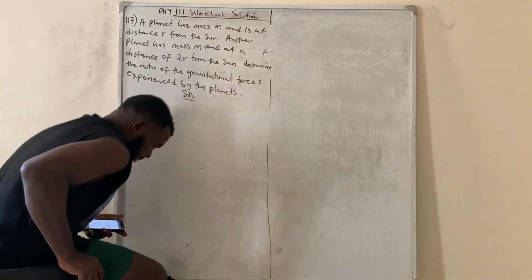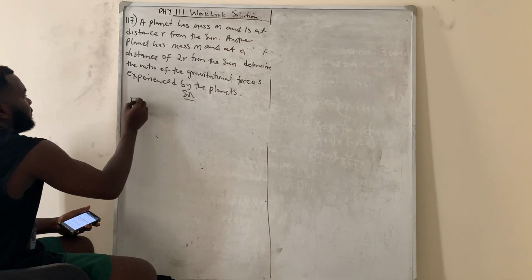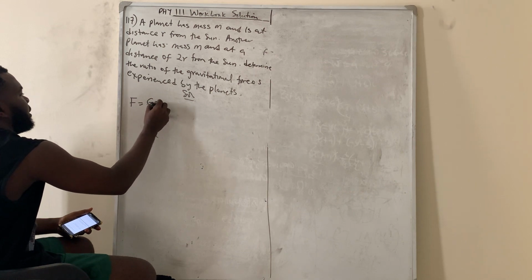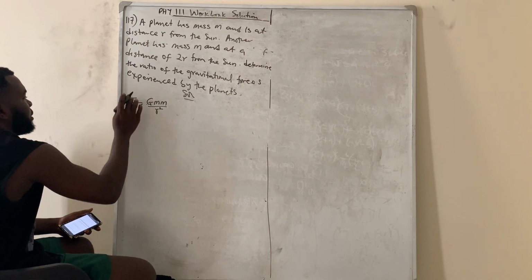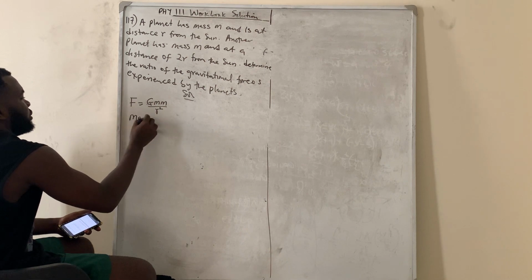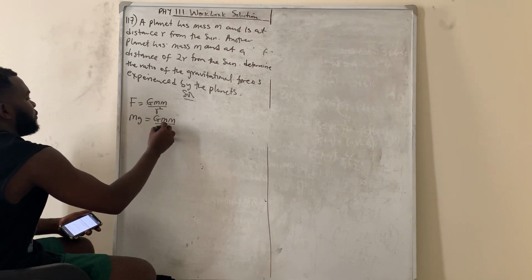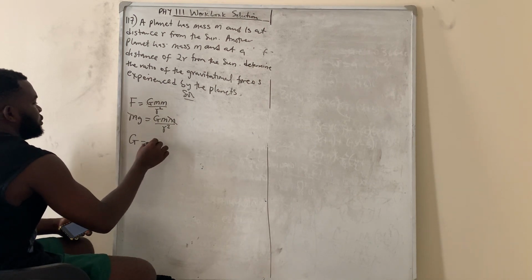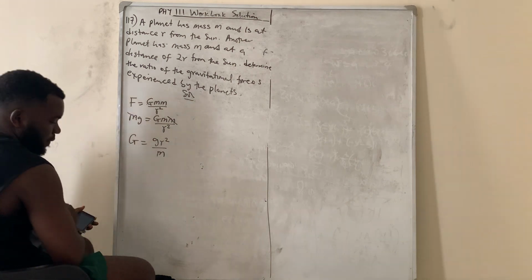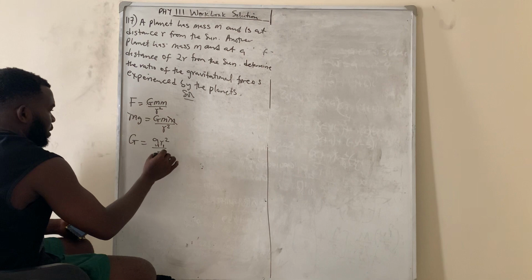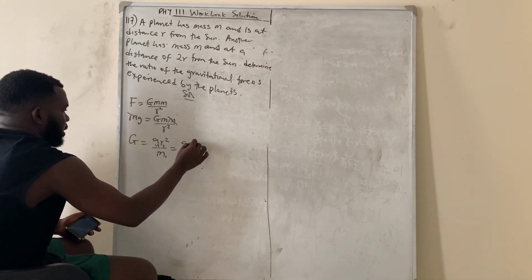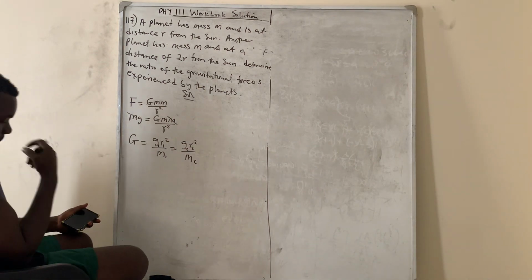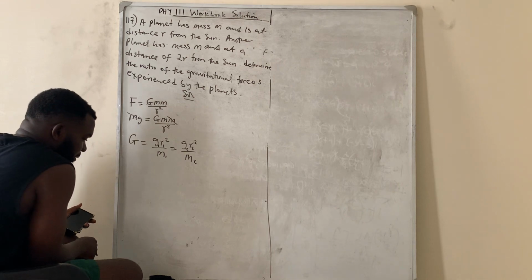Solution. Okay, I know that my F is equal to GMm over r squared. But this is equal to Mg, so Mg is equal to GMm over r squared. So the g there are the same.